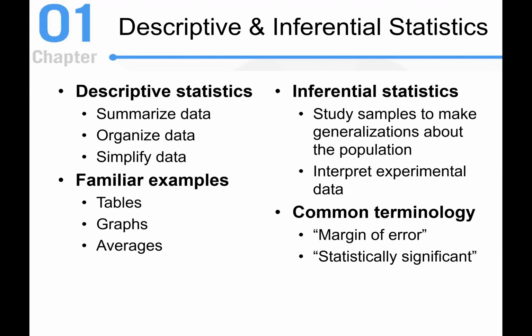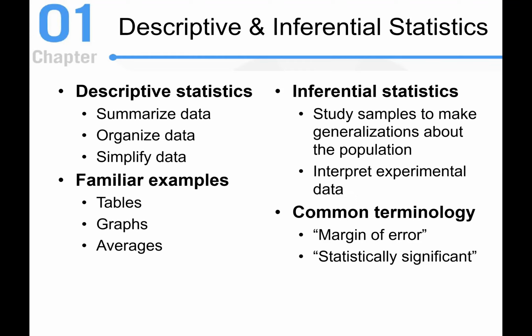And usually we do this by interpreting experimental data. So we do some kind of study and we get some kind of results utilizing our sample and doing some kind of statistic. And we're going to take those statistics that we received from our study about our sample, and then we're going to generalize it to the larger population that our sample came from.